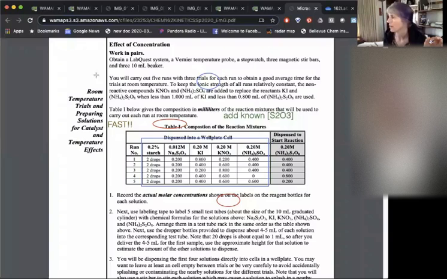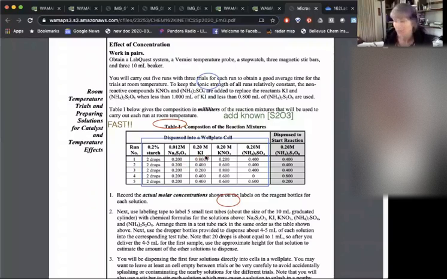So we have the thiosulfate, and that is a known concentration. So that's going to help us. That's going to give us a concentration to work with, and then the stopwatch gives us the time to work with. So that's our concentration measurement, and then our time is the data we're taking.